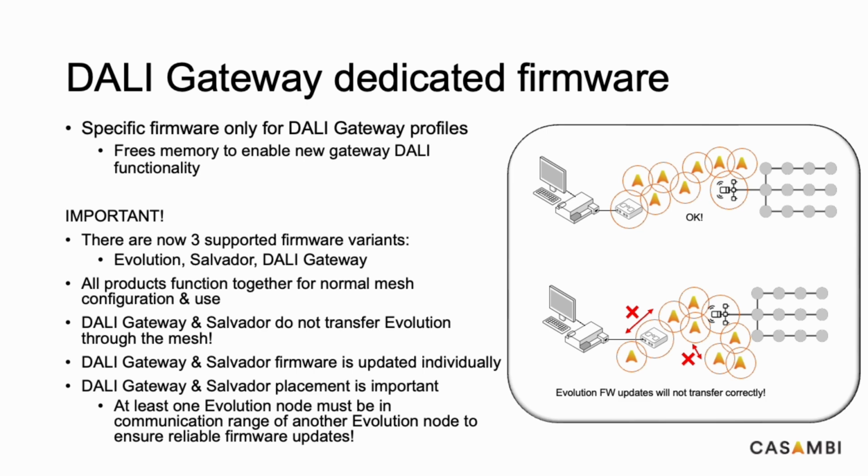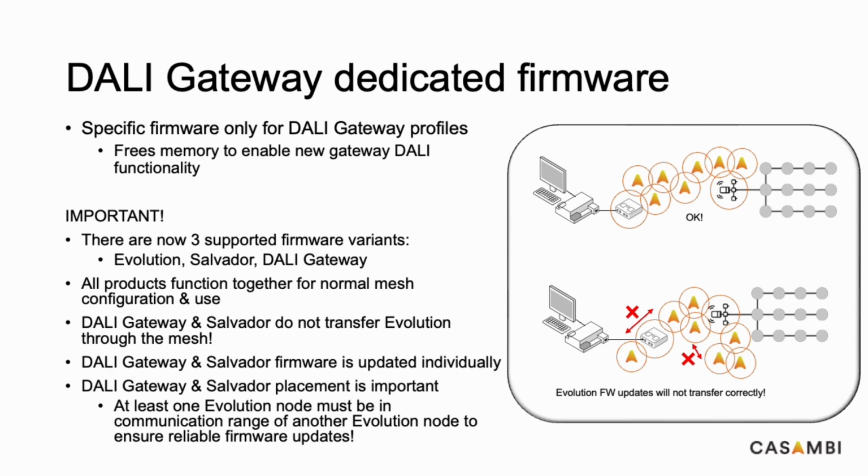In normal operation, you don't need to worry about anything there. Everything can be used together in the same network, the same as it always could be. Everything functions together. Normal mesh communication and normal mesh configuration and use all works as normal.